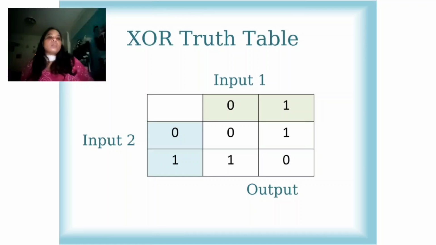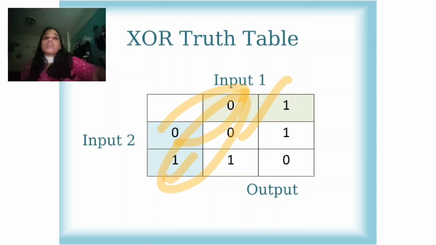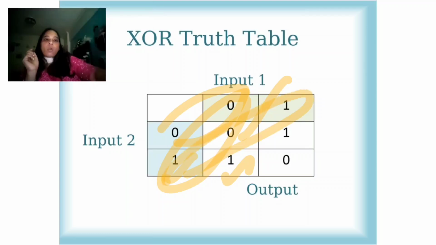And next, what is the truth table of this XOR gate? Here you can see both inputs in the off position, you get the answer off. Here one input is true and another input is off, you get the result in the on position. But here you can see both inputs are on, and the output is also off.